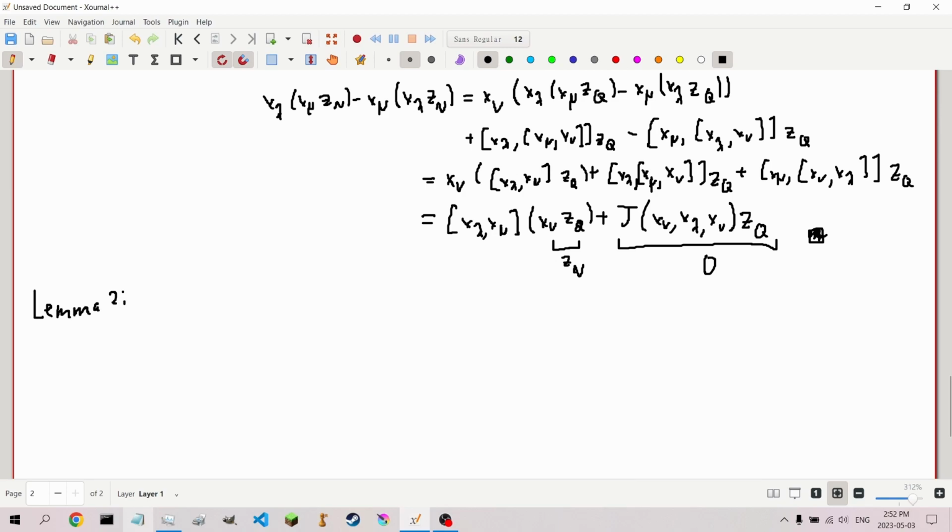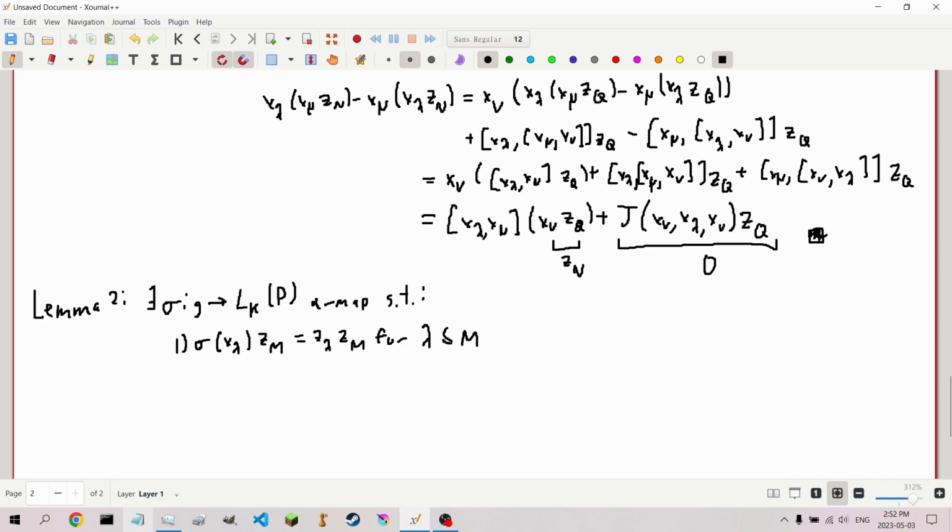Lemma 2: there exists a map sigma from G into Lk of P, which is an alpha mapping, such that the first condition is that sigma of x lambda Zm is equal to z lambda Zm for lambda less than or equal to m.